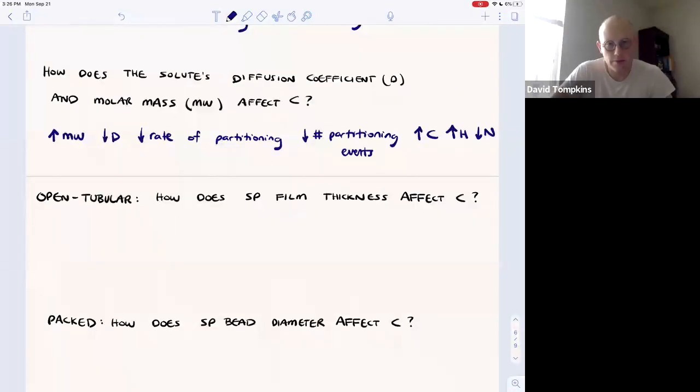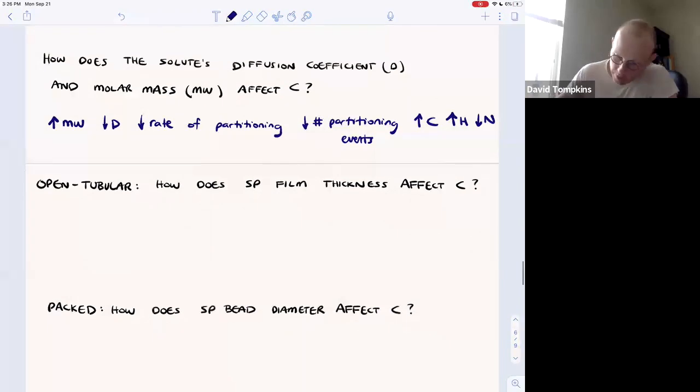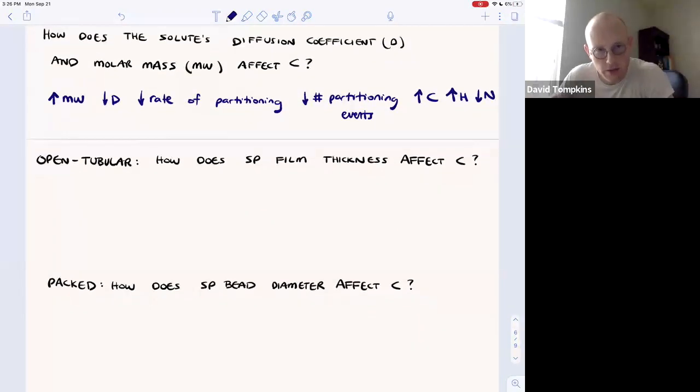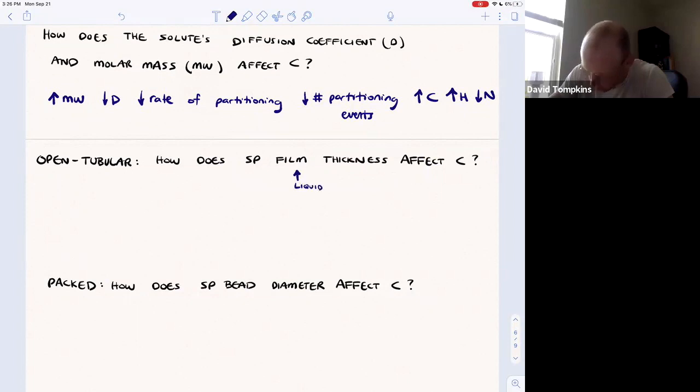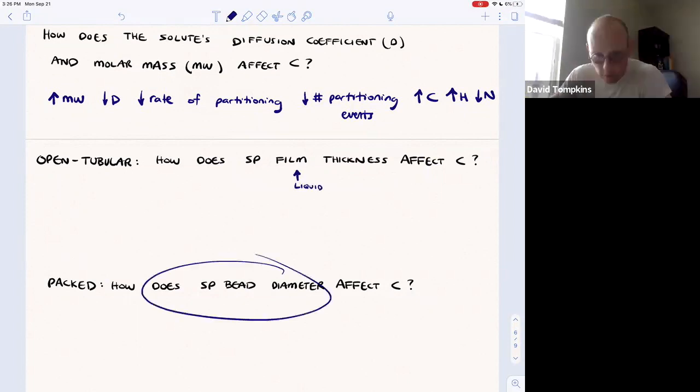Okay, so there's two ways we can think about the stationary phase in the context of that C term, resistance to mass transfer. And whether the stationary phase is open tubular versus packed, right? Whether it has a film of stationary phase, some sort of gel-like liquid film on a solid support, or whether it's packed with stationary phase beads, such as silica.